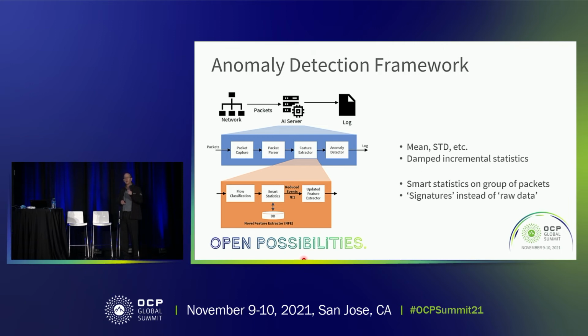For the packet size, we have a counter per each packet size range, like a histogram. And then we send these smart statistics every second, for example, not every packet. And then we send it to the damped incremental statistics that needs to be done, and then to the AI machine learning model.